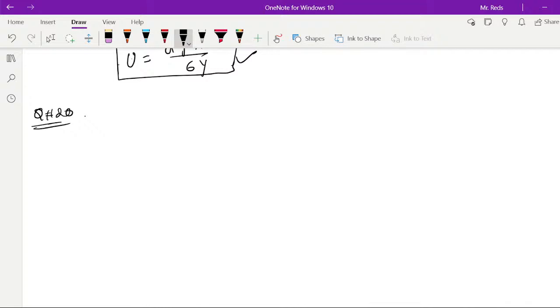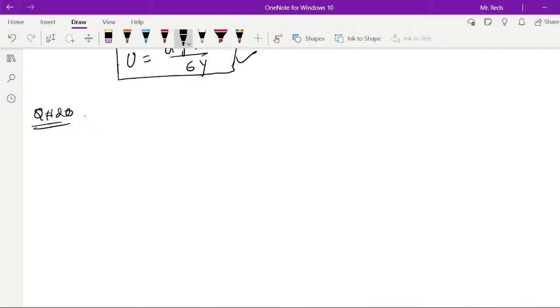Two wires of the same material and same diameter have lengths in the ratio 2 is to 5. They are stretched by the same force. The ratio of work done in stretching them is? Ratio of work done means you can say the ratio of energy stored.